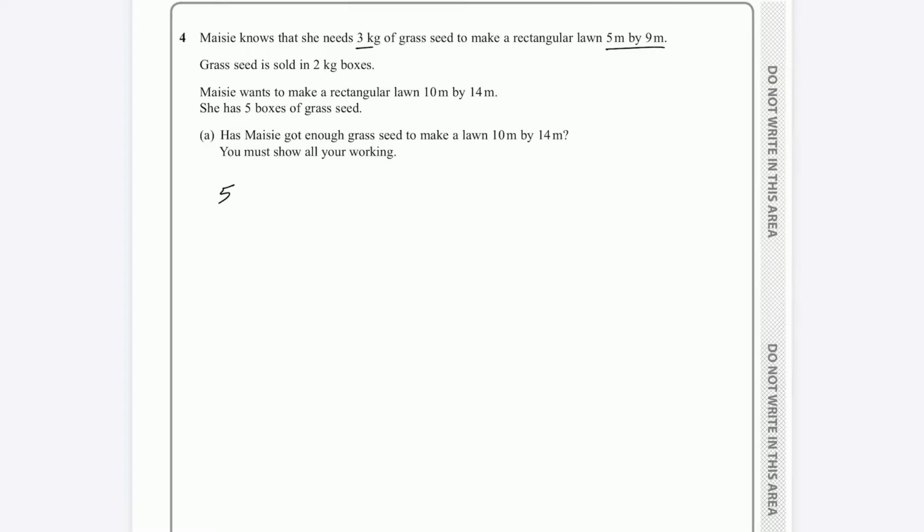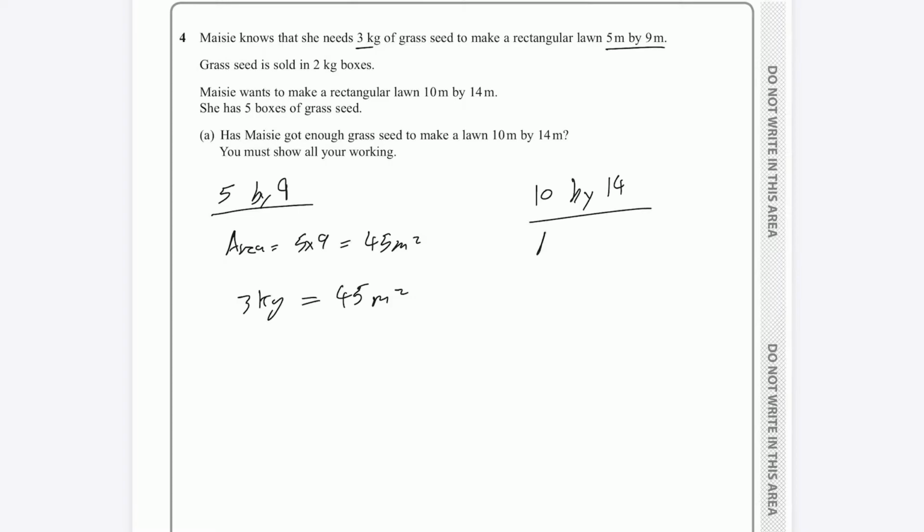So the area is 5 times 9, which is 45 meters squared. So we know that 3 kg requires 45 meters squared. Now we know she wants to make a 10 by 14. So the area is going to be 10 times 14, which is 140 meters squared.